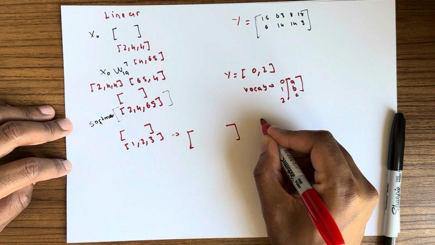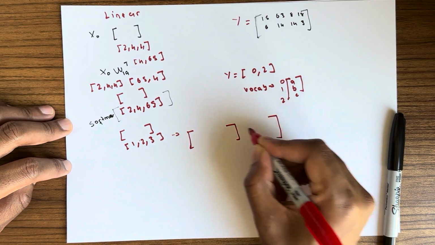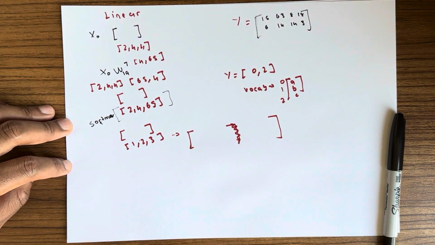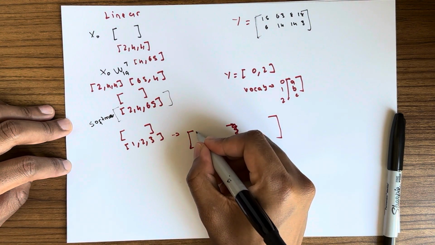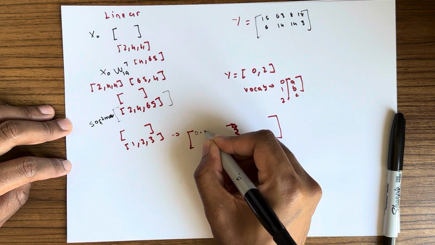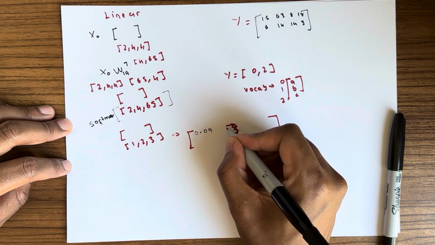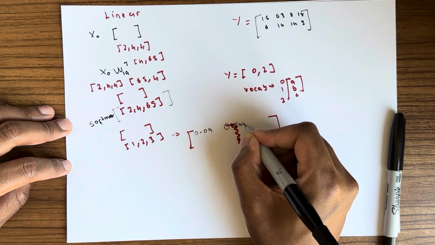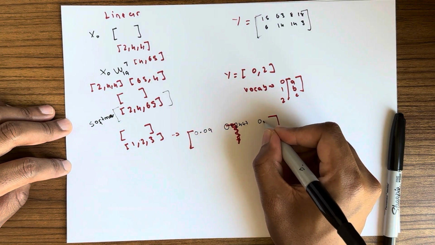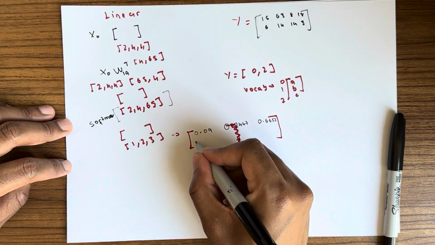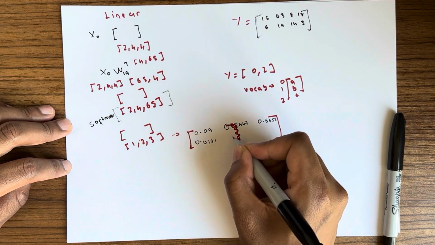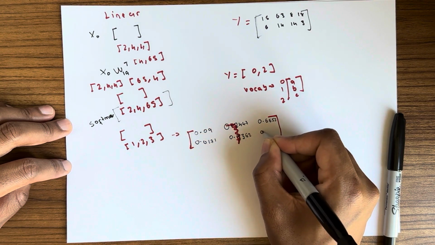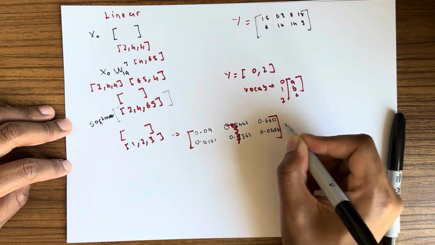Maybe it is something like 0.09, 0.2447, 0.6652, and 0.0171, 0.9362, 0.0466.